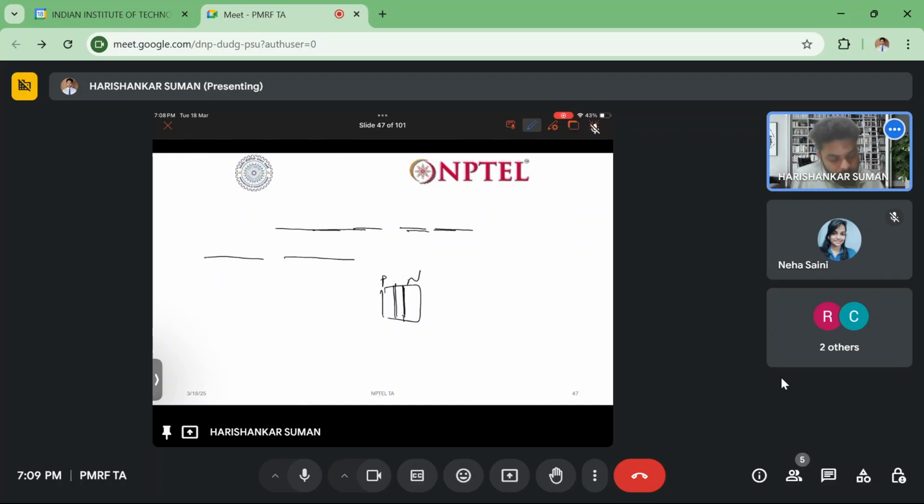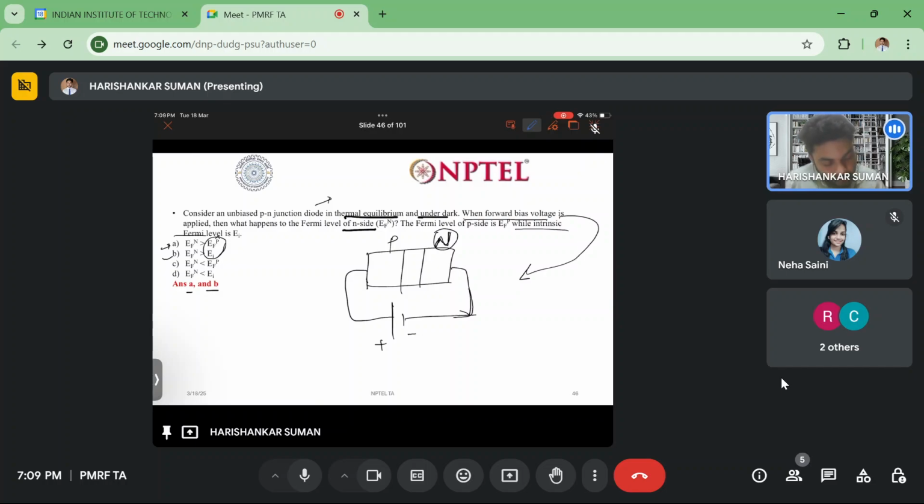Next question, I think we have discussed, but let's discuss again. Consider an unbiased p-n junction diode in thermal equilibrium under dark. When forward bias voltage is applied, what happens to the Fermi level of the n side?